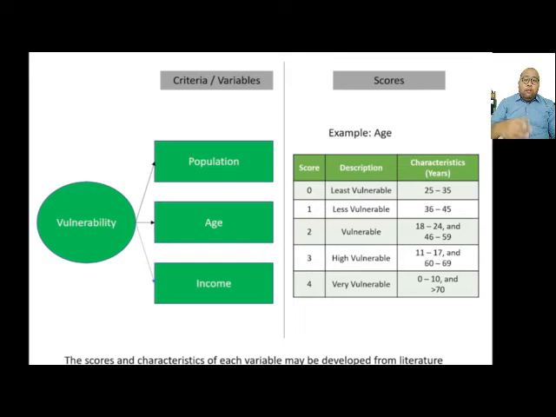So if we want to provide the index for the DR, okay, disaster risk, we need to have this score. Okay, for example, for the age, 25 to 35. Okay, you can see this age group is less vulnerable. Kalau umur 25 hingga 35 ni, contoh kalau banjir berlaku, these people actually are less affected by the flood.